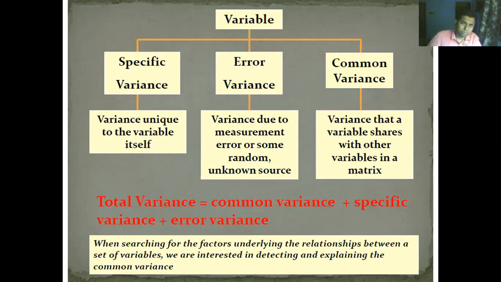And there is also some specific variance which is unique to the variable itself. And obviously there is also some error variance, which is variance due to measurement error or some random or unknown source. So error variance is also there, and that cannot be explained.